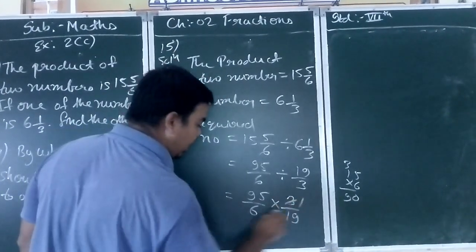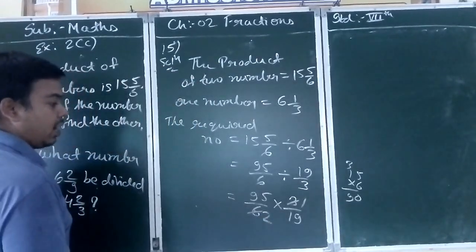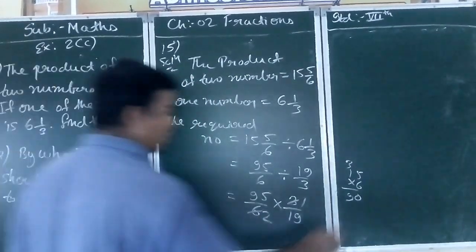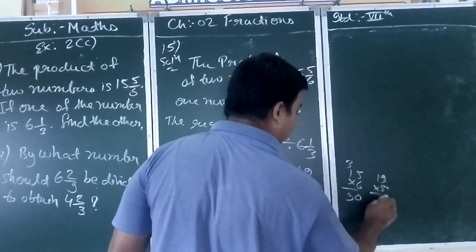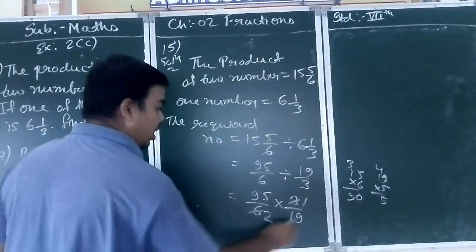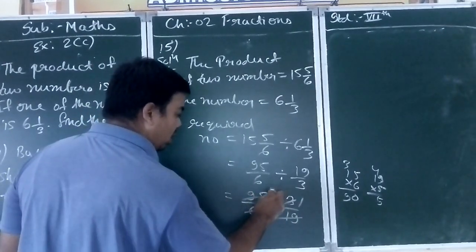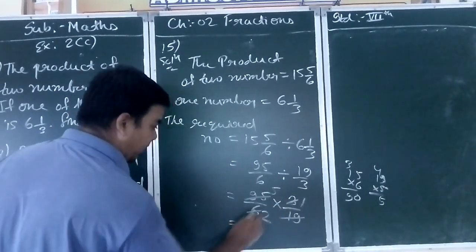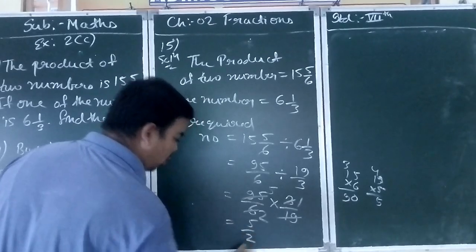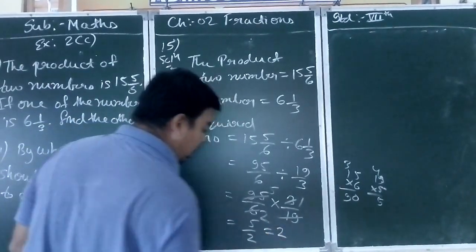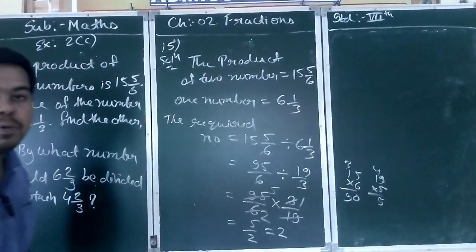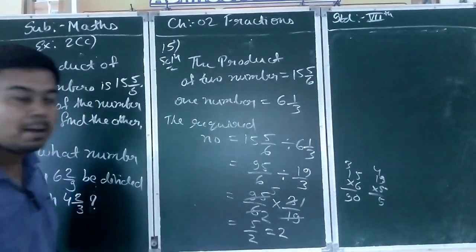So 3 into 3 is 1, 3 into 6 is 2. 19 times 5 is 95, so it is 5 by 2. 5 by 2 is an improper fraction, change into a mixed fraction.